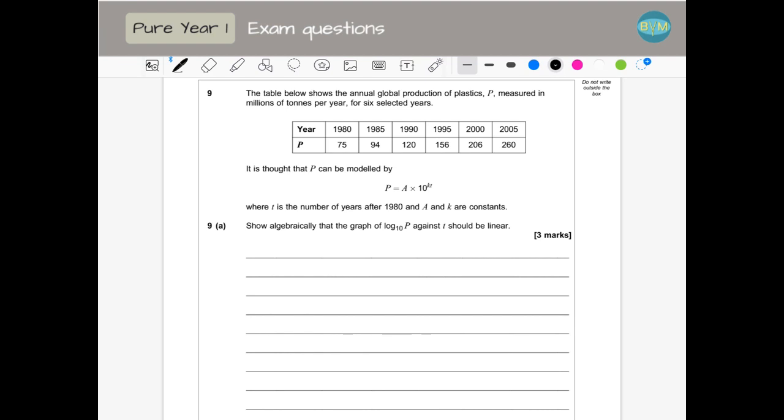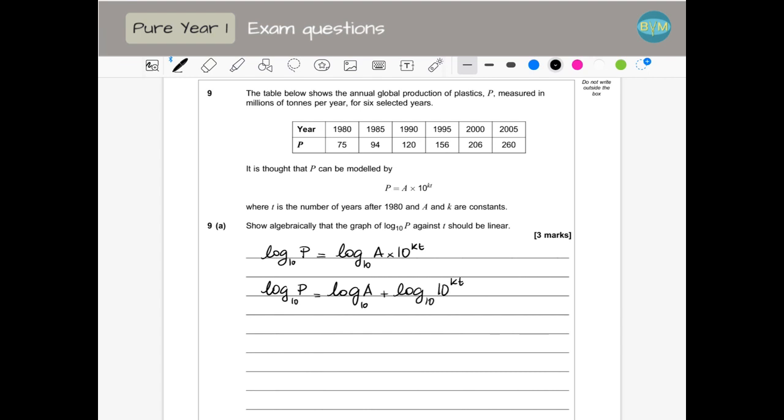What we can do is take logs, because we need to prove that log P against T is a line. So we are going to take logs on both sides to the base 10. And I'm going to use the properties of the logs to separate and organize this a bit until it looks like a line. I have a product, so I can write the sum of the logs.